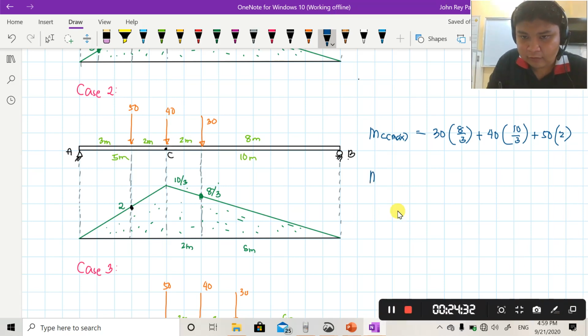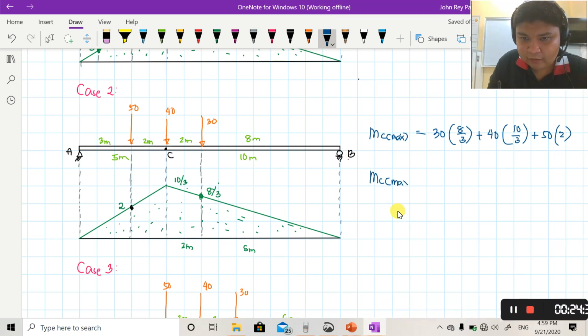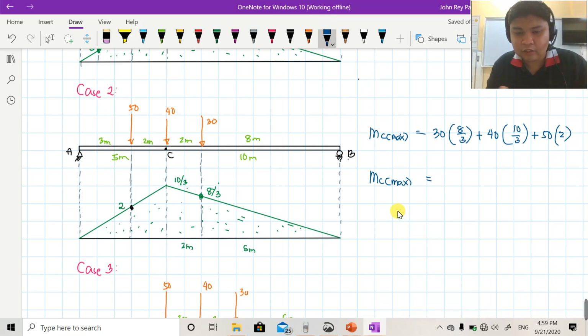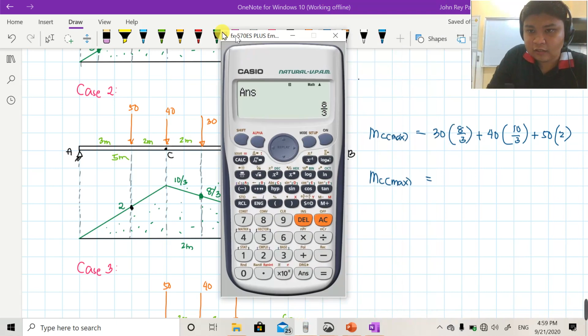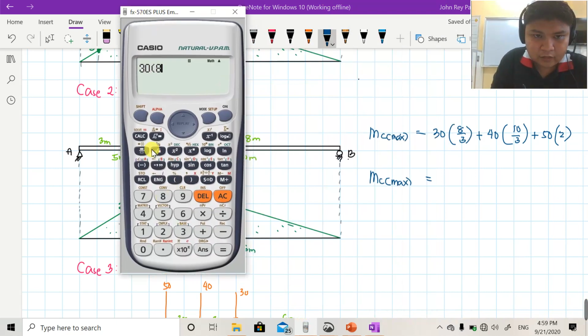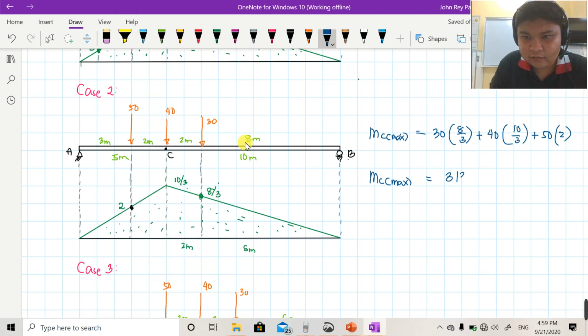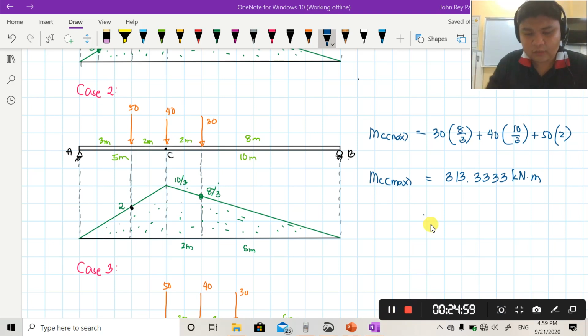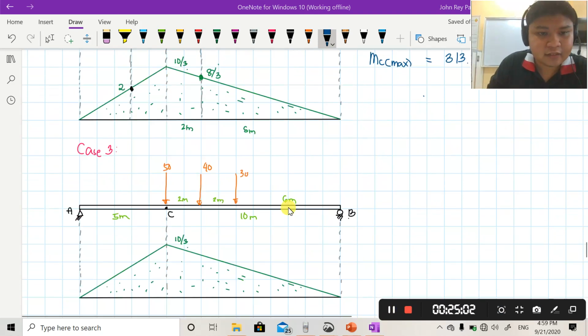So, MC max will be equal to, just compute it using the calculator, class: 30 times 8 over 3 plus 40 times 10 over 3 plus 50 times 2. So the answer is 313.3333 kilonewton meter.